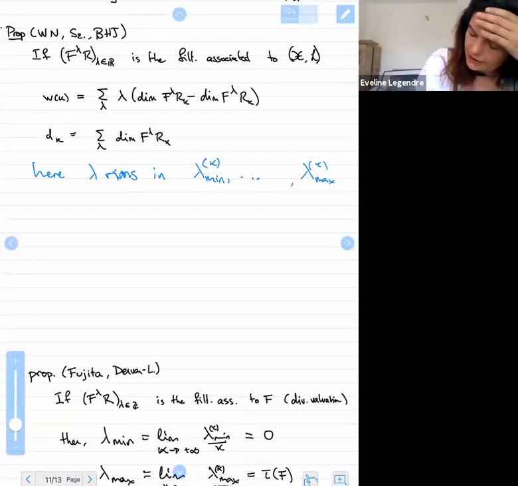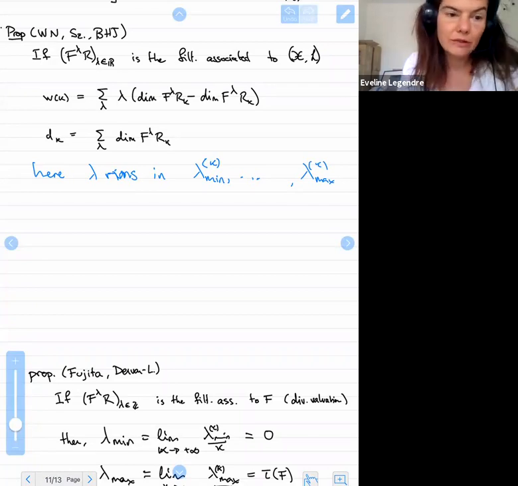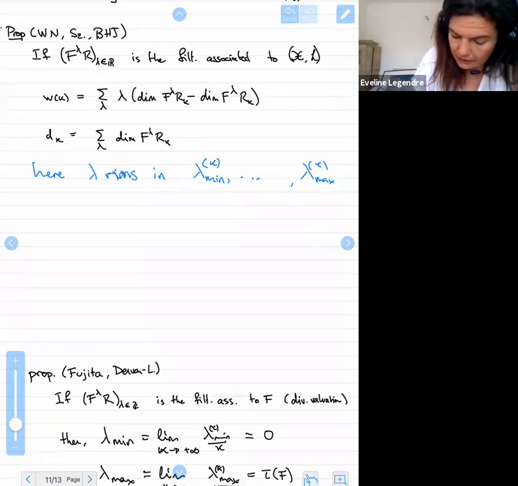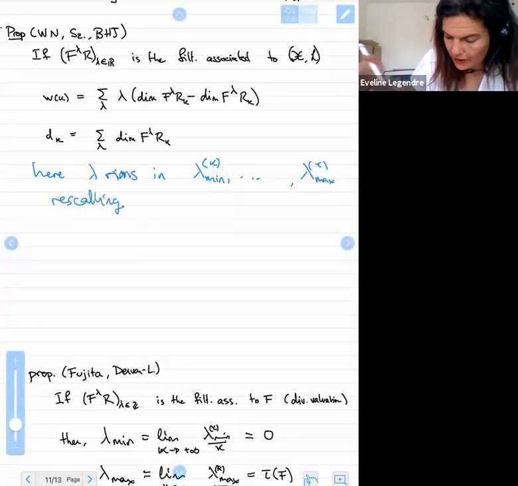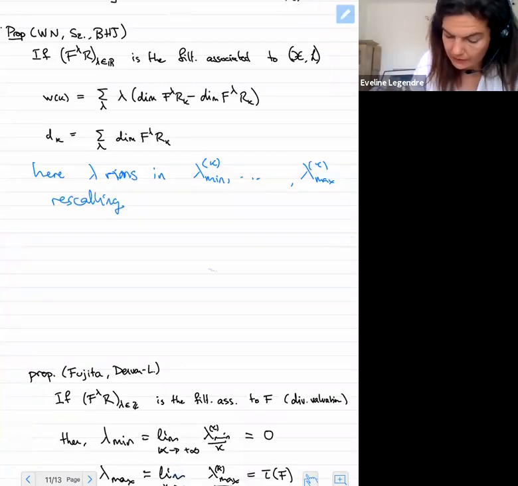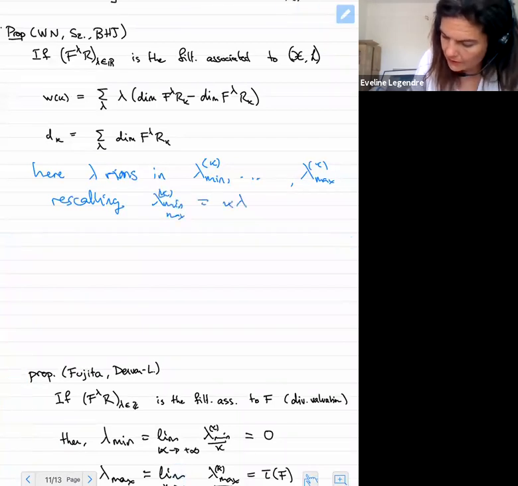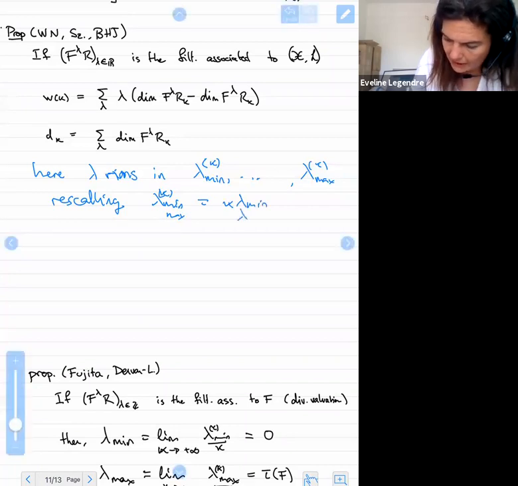And so we might need to rescale L to be sure that everything works fine. But if we do, rescaling if necessary, for k big enough, we will have lambda k min or max being k times lambda min, lambda max.